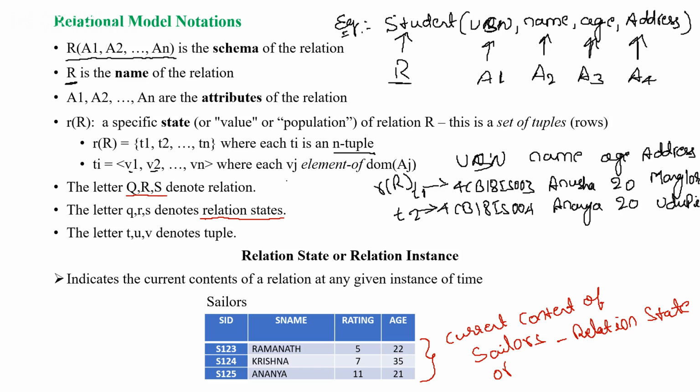This is the definition: it indicates the current content of a relation at a given instance of time. At this particular time we have 3 tuples in this Sailors table. This is about relational model notations as well as relation state.